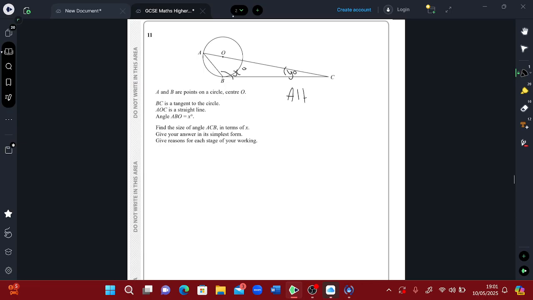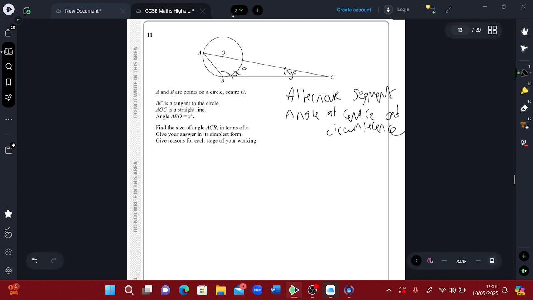We've got alternate segment, angle at center and circumference. We have angle in a semicircle, don't we?